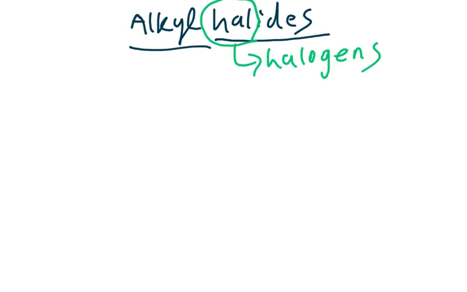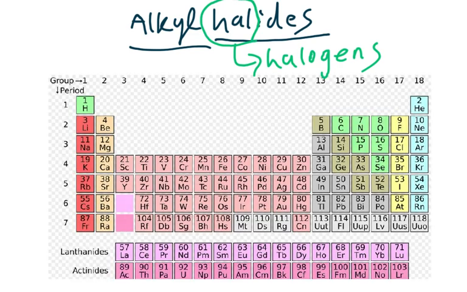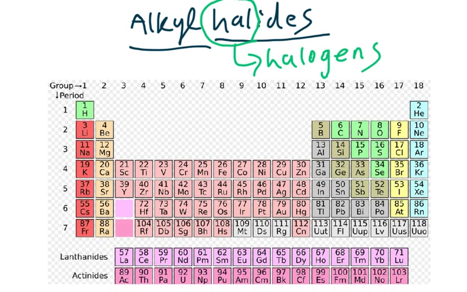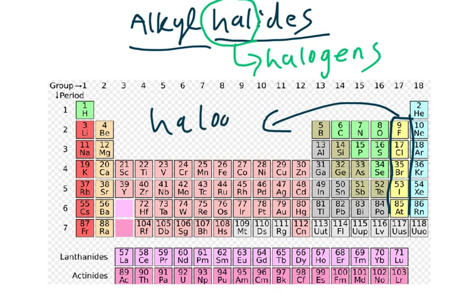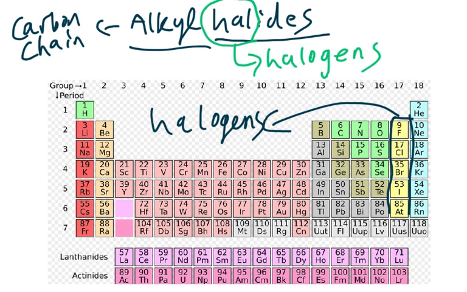If we pull up the periodic table, these right here in this row, let me go ahead and outline it, are your halogens. Knowing that, alkyl just means a carbon chain, so you have a halogen off of a carbon chain, which is called an alkyl halide.